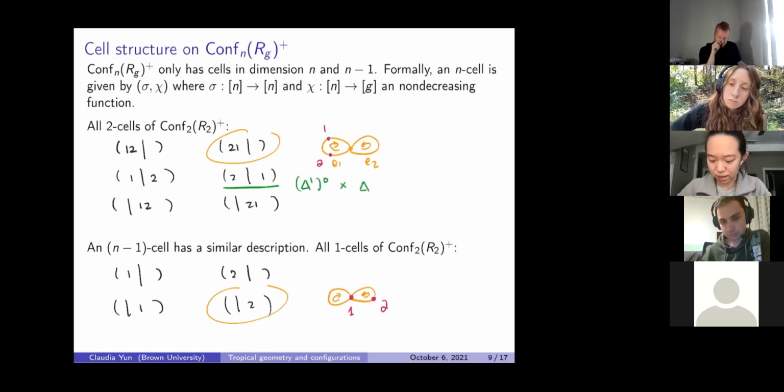And so the cell that parameterizes this configuration is going to be an open square. And similarly, if you have more arcs and more points, you're just going to get a product of open simplices of different dimensions, and the dimension depends on how many particles you have on that arc.